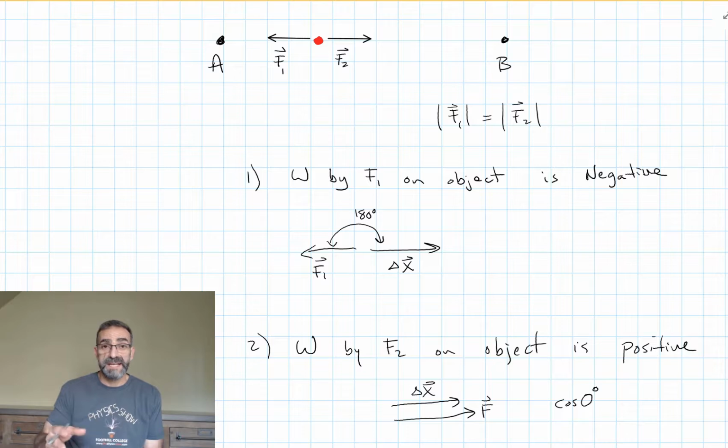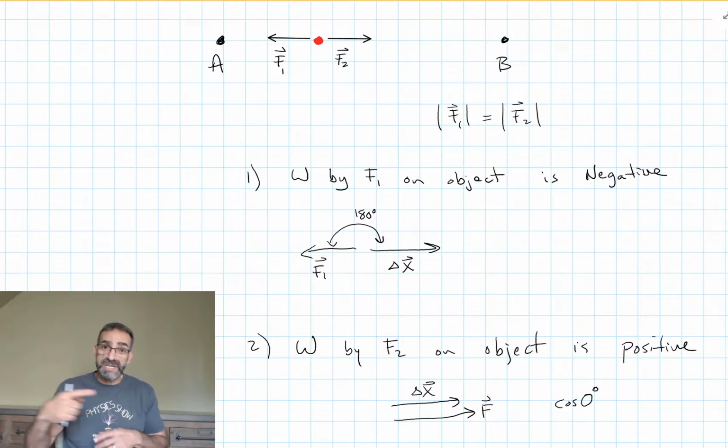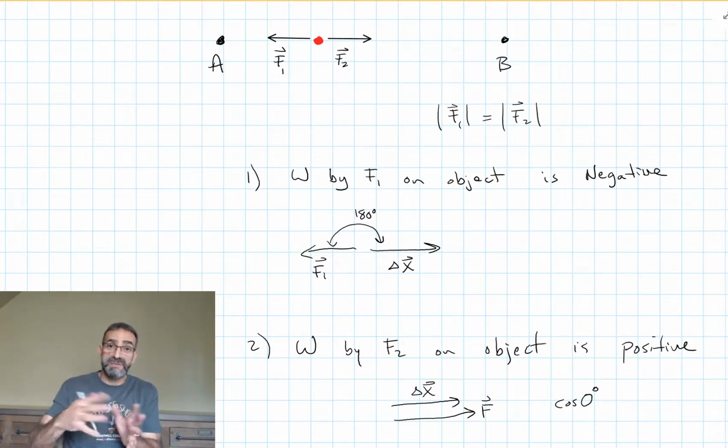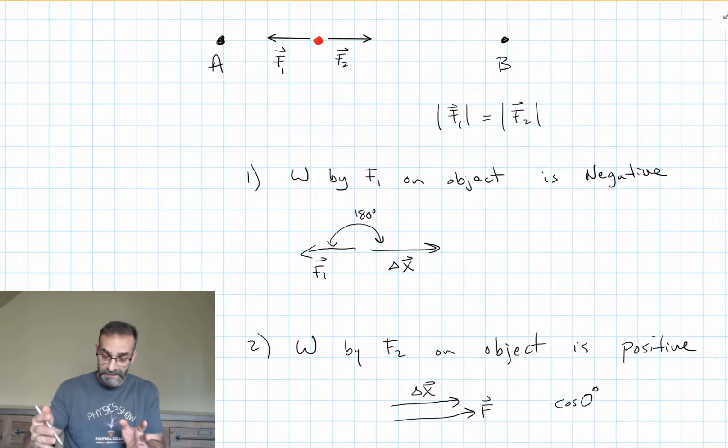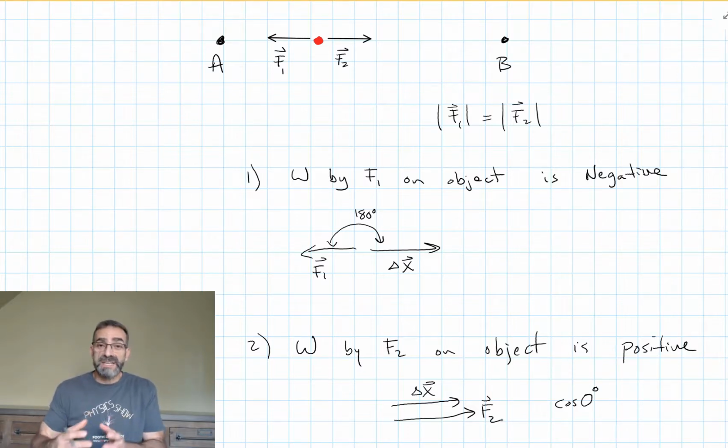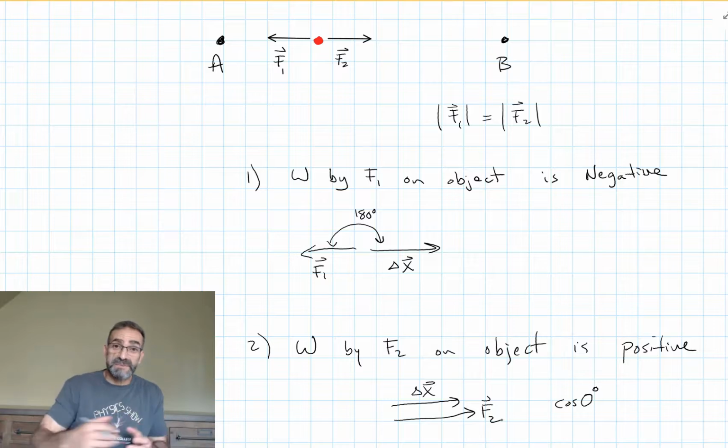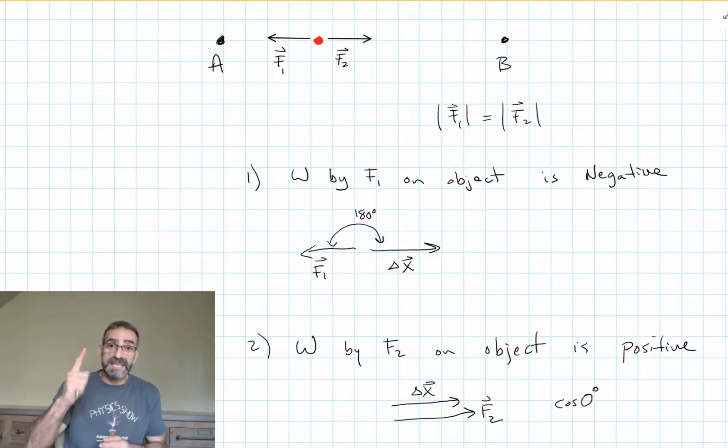F times delta x times 1. Or another way to think of it is the force is pushing the same direction the box is moving. So if that was the only force acting on our object, the object would be going faster and faster and faster because of that force. Its energy would be increasing. The work done on our object because of F2 is positive.